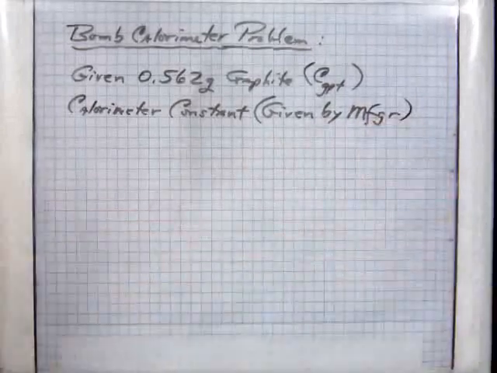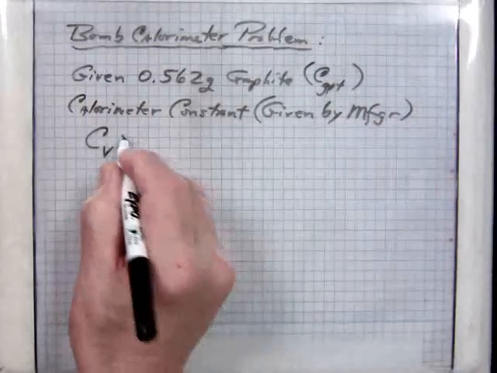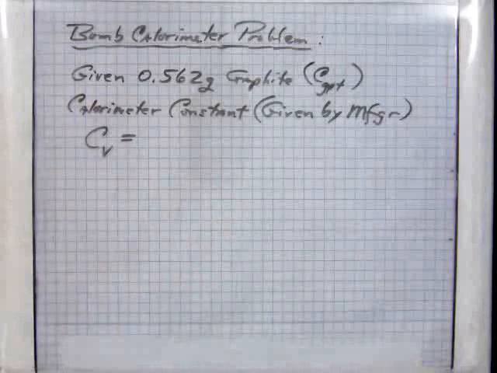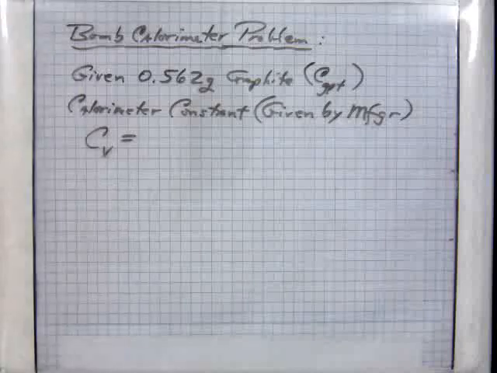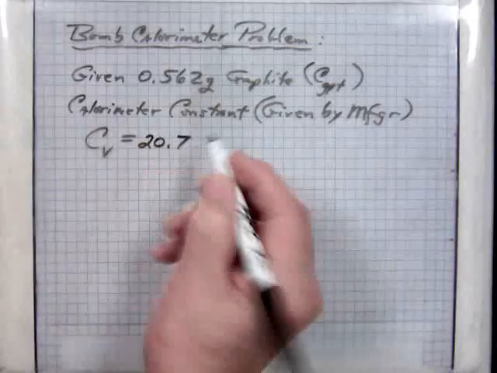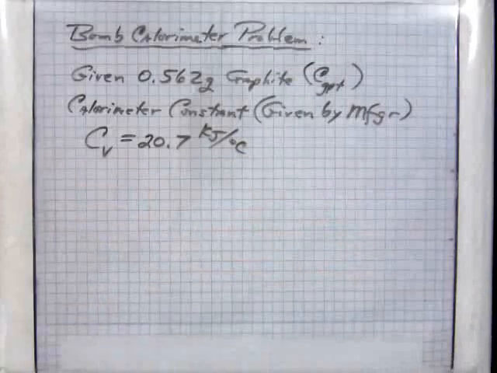Typically it is given by the manufacturer, and it's called C sub V, which is the specific heat at constant volume, because the bomb calorimeter doesn't expand or compress, and it is 20.7 kilojoules per degrees Celsius.